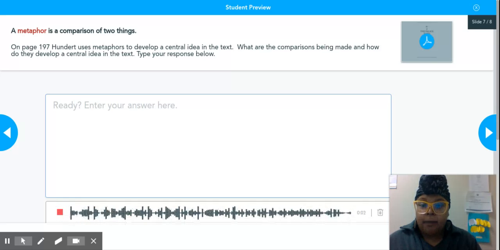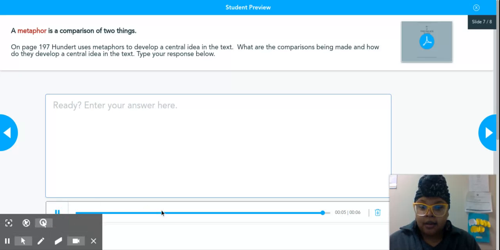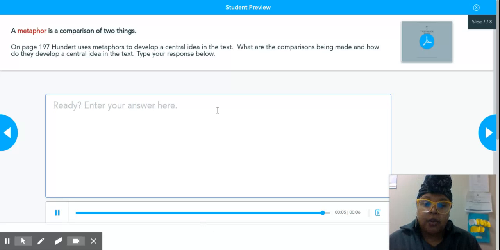The metaphor on page 197 is... I'm assuming it can be played at some point, but you can record that and I should be able to get the audio. If you would like to do the audio, feel free. I know some of you do feel better speaking your responses than typing. Or if you just want to type it, you can type it here as well.